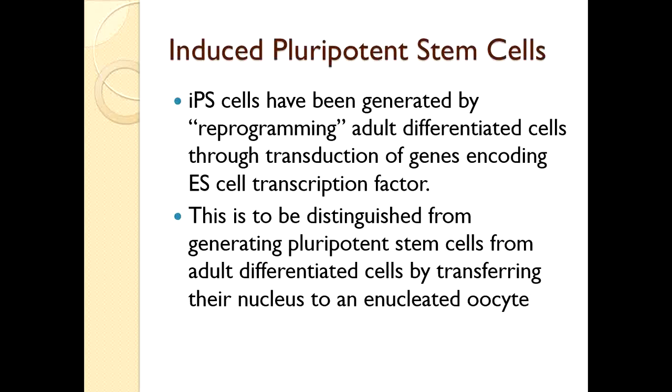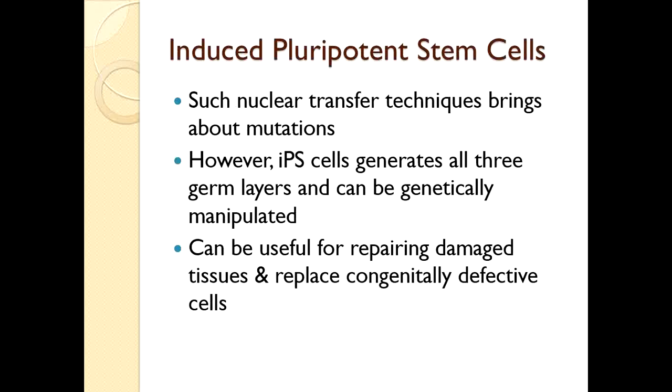This has to be distinguished from pluripotent stem cells generated from adult differentiated cells by transferring their nucleus to an enucleated oocyte. Such nuclear transfer techniques are notorious for bringing about mutations.